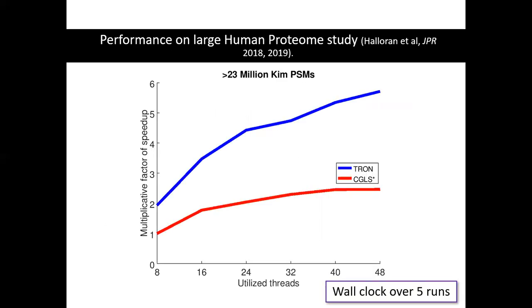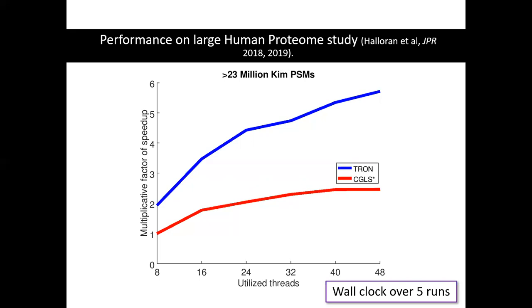This is called the Kim data set. Typically in the literature, it was one of the first data sets to map the human proteome, and it's a pretty huge data set, slightly over 23 million PSMs. Percolator takes about 14.5 hours to process this entire data set.